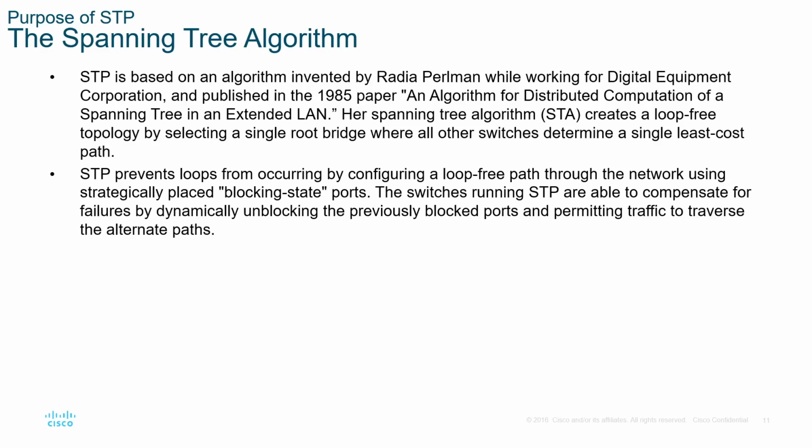So just like I mentioned before, once the spanning tree algorithm takes place, one of the switches is elected the root bridge, also known as the master of all the switches. The switches running STP are able to compensate for failures by dynamically unblocking the previously blocked ports and allowing traffic to traverse the alternate paths.